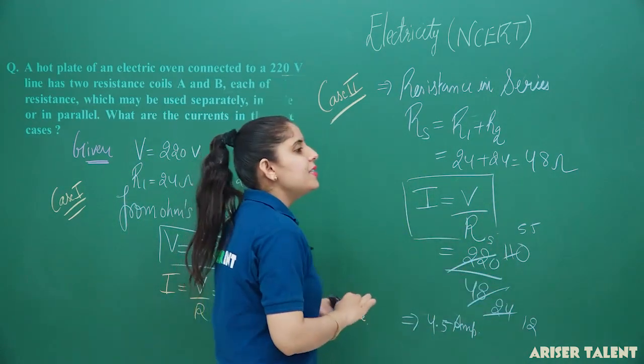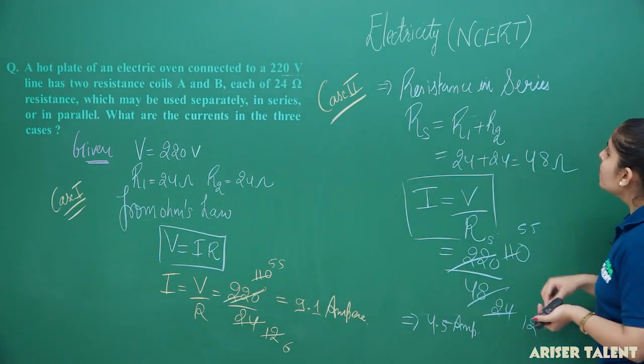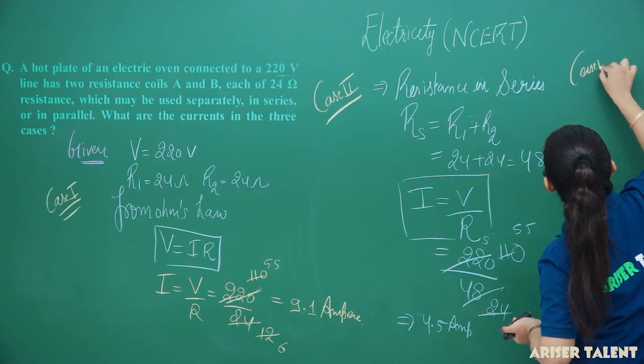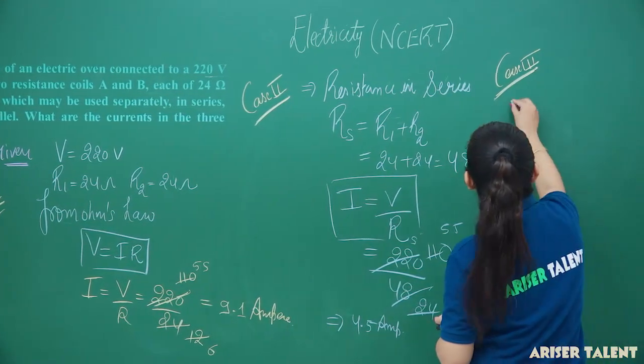Now what is the third case saying? Connect these resistances in parallel. So case 3: the resistances are connected in parallel.